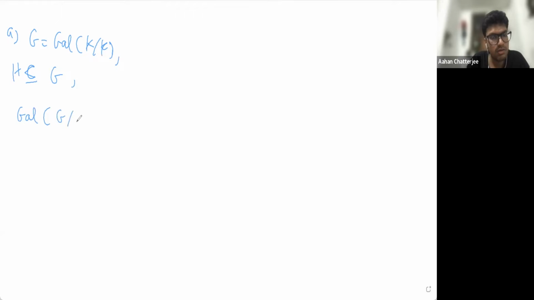Okay. So basically, the statement was, if G is the Galois group of K over F, and H is in G, then the Galois group of K over the fixed field of H is exactly H. And similarly, if this is a subfield of K, then the fixed field of the Galois group of K over it is exactly the subfield.